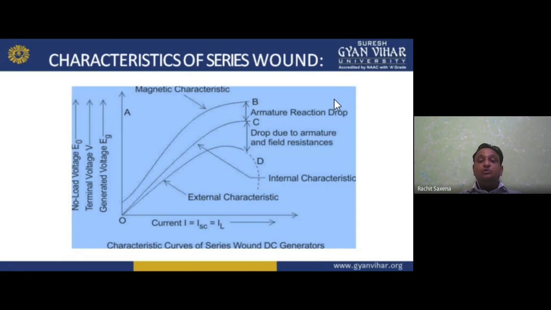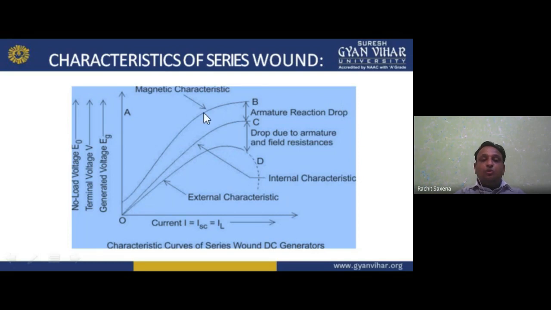C point is showing you the internal characteristic, and the D, which we get by subtracting the armature and field resistance drop, that is IARA, IFRF, whatever. So we are basically subtracting it, so I get the characteristic like this.